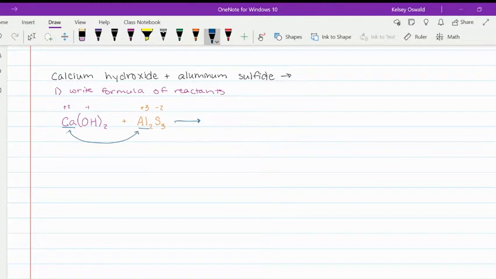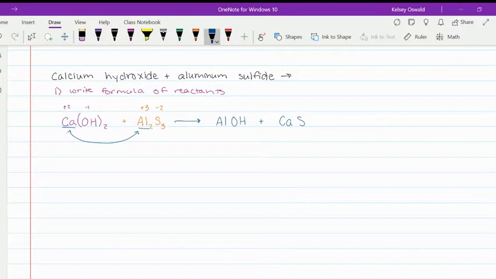Just like how Peach and Luigi switched spots, so do our 2 positive ions. That means in our new compounds, we're going to have a compound with aluminum and hydroxide and a compound with calcium and sulfur.